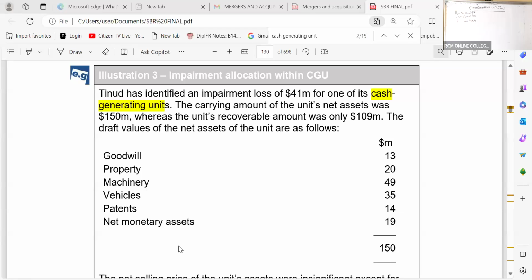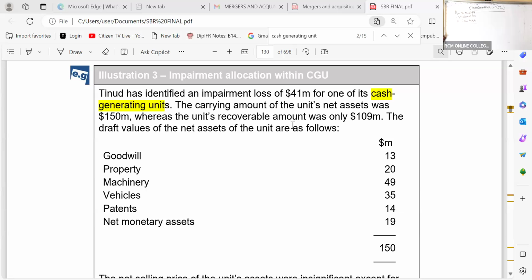All right. So you're told here TNAD has identified an impairment loss of 41 for one of its cash generating units. The carrying amount of the unit's net assets was 150 million, whereas the unit's recoverable amount was only 109. They've given us the CAR and they've given us the RA. Can somebody give me the impairment loss?